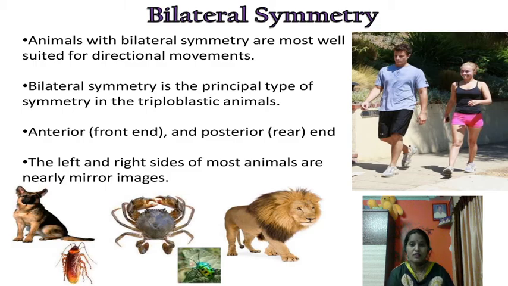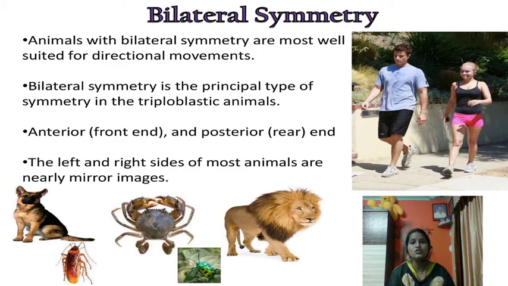Now, the most important symmetry, and the symmetry which is more abundant in nature, is bilateral symmetry. Animals with bilateral symmetry are most well suited for directional movements. Bilateral symmetry is the principal type of symmetry in the triploblastic organisms, that means higher organisms.